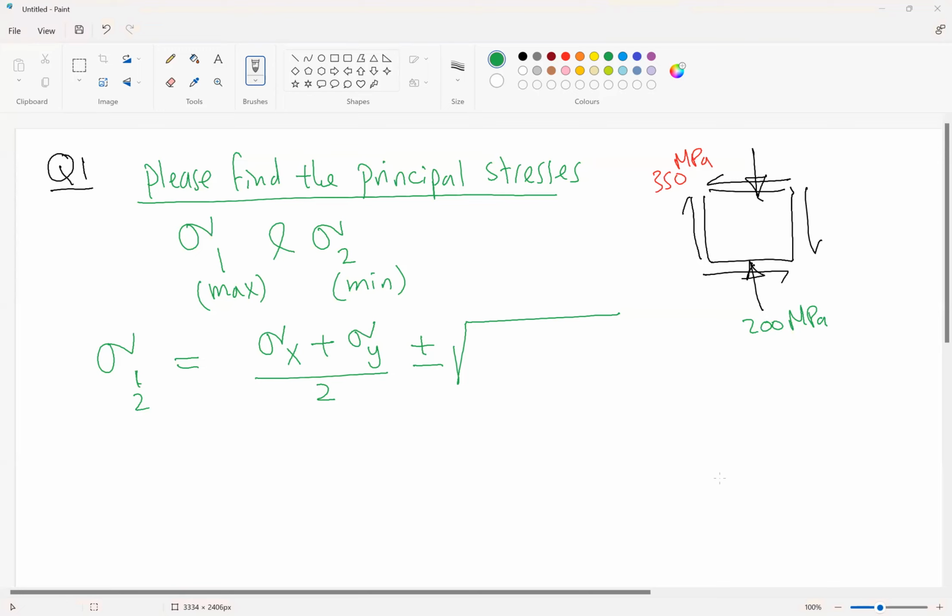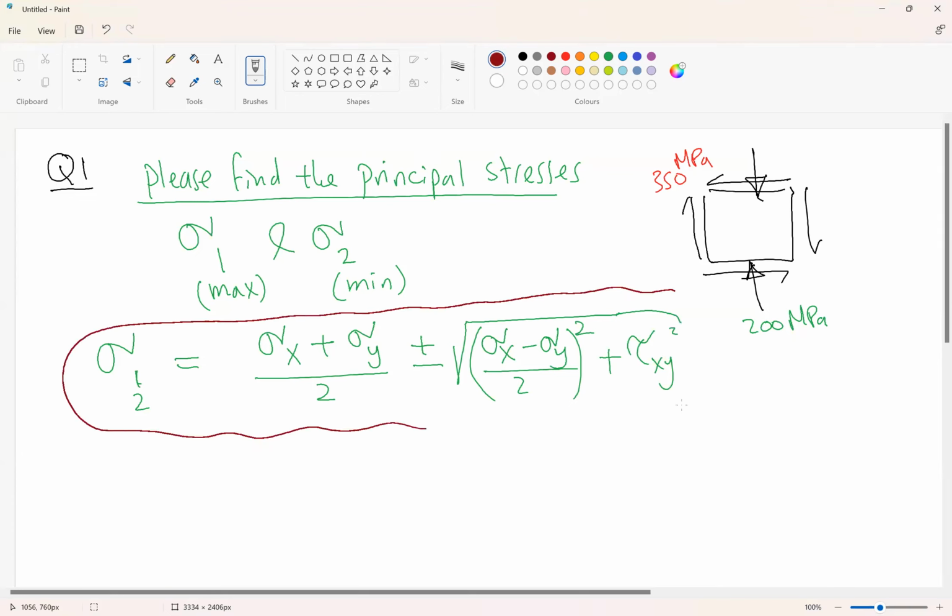So now the formula is again sigma 1, 2 equals sigma x plus sigma y over 2 plus or minus the root of sigma x minus sigma y all over 2 all squared plus tau xy squared. So this is our general formula for principal stresses.